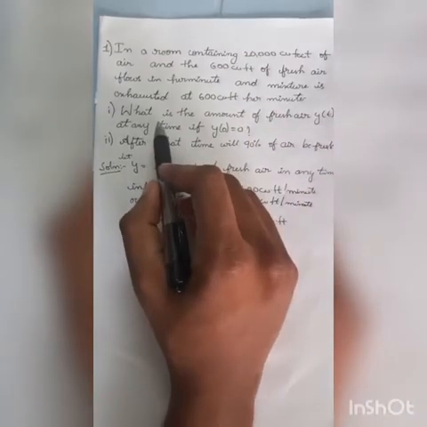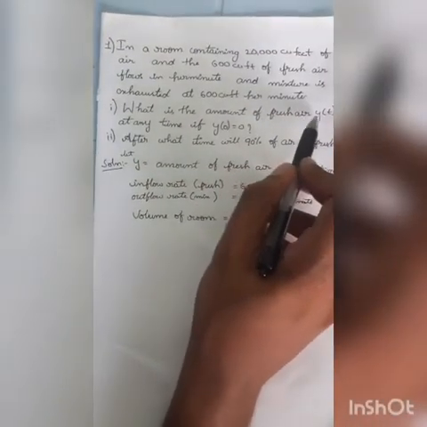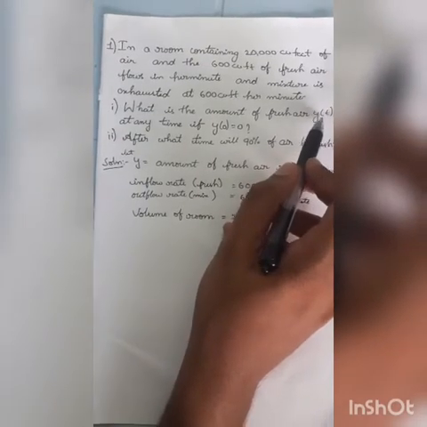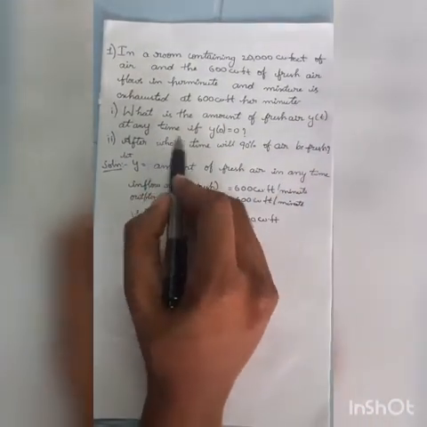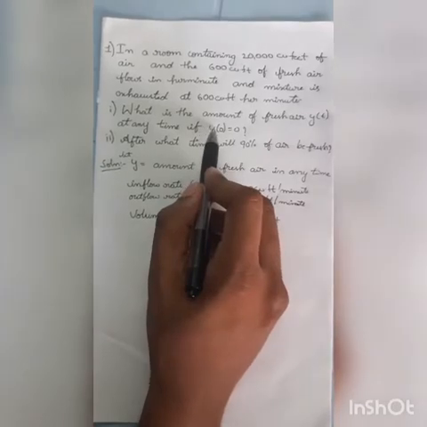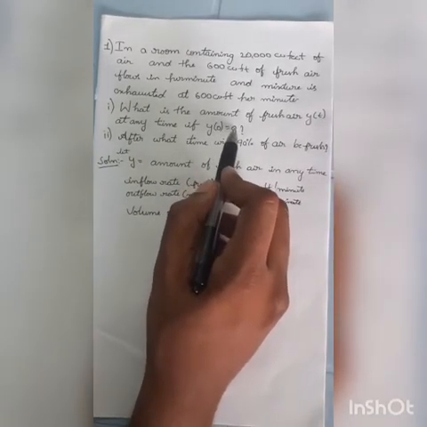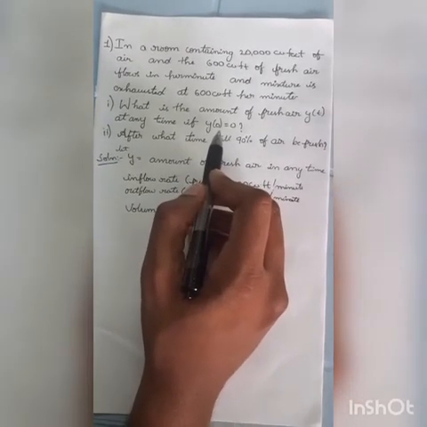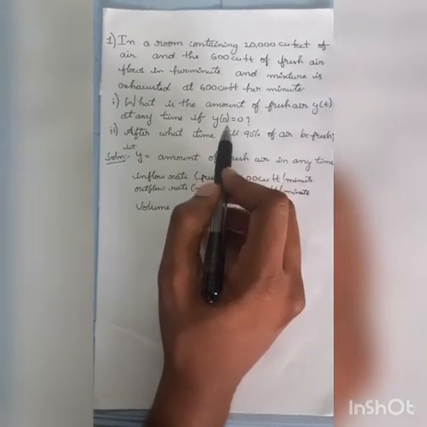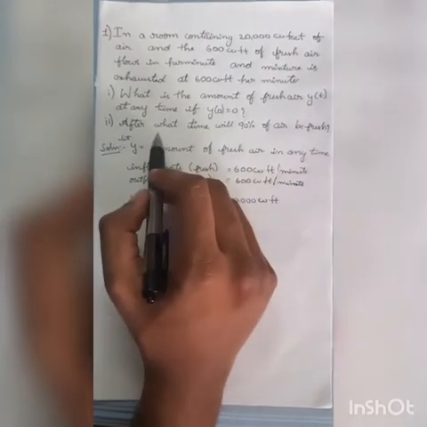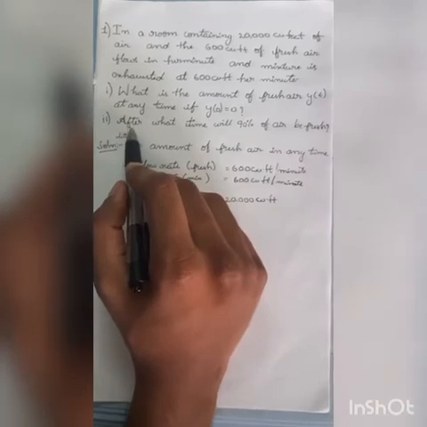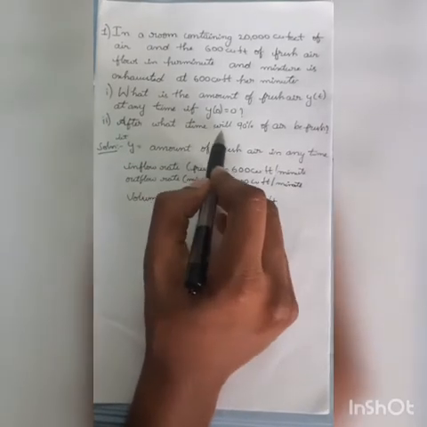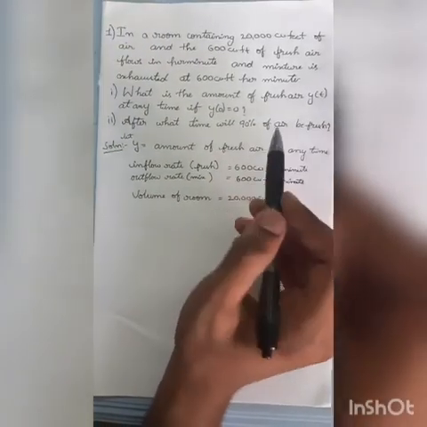We need to find the amount of fresh air at any time, y of t, assuming y of 0 equals 0. That means the room does not contain any fresh air at time t equal to 0, and we should also find after what time 90% of the air will be fresh.